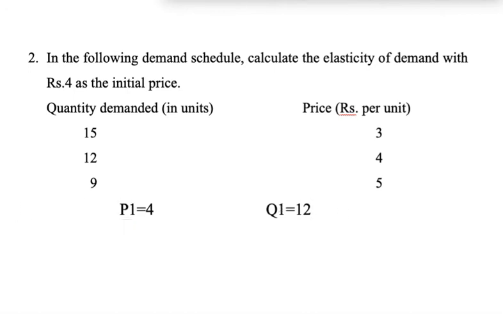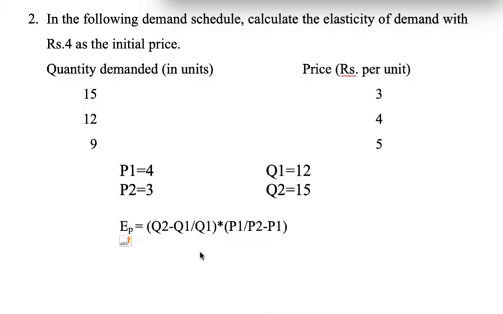Now when price was reduced to 3, that is P2 is equal to 3, Q2 is equal to 15. Fine. Now we are going to substitute these values in the formula and find out price elasticity here.